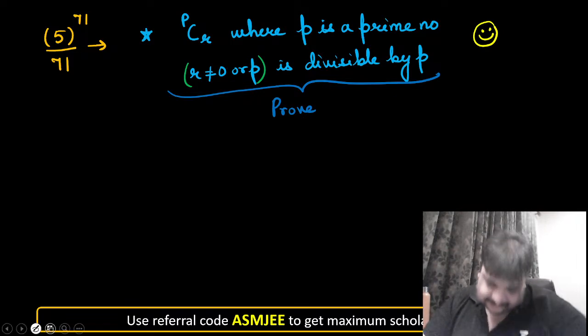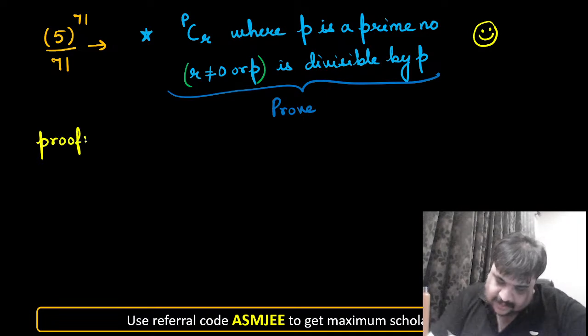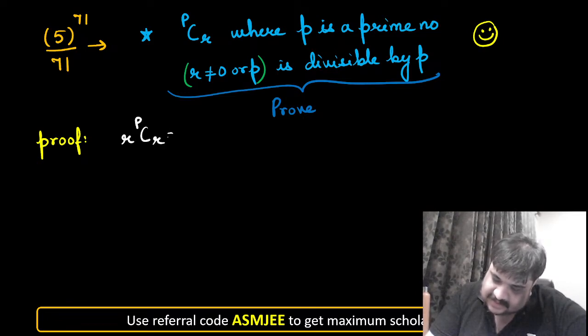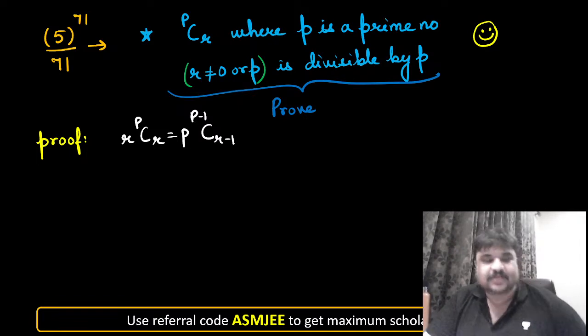See the proof. How many of you understand this? RPCR is equal to P minus 1 CR minus 1. Yes or no?